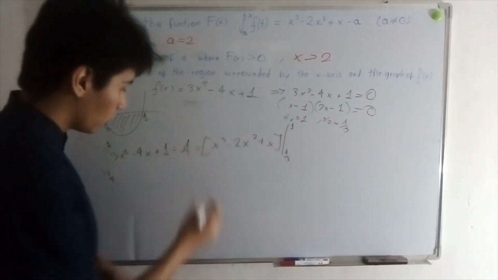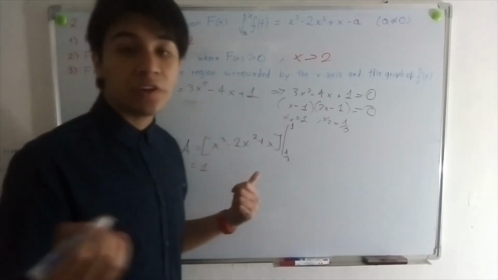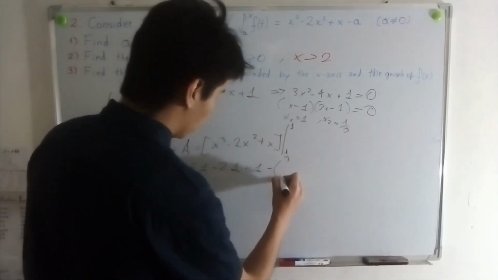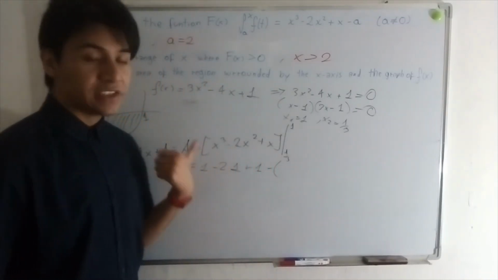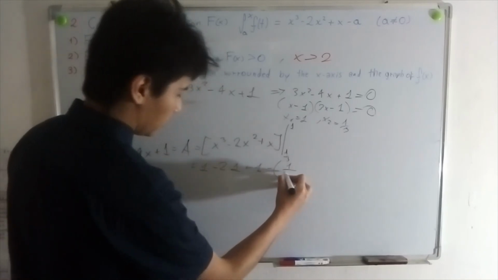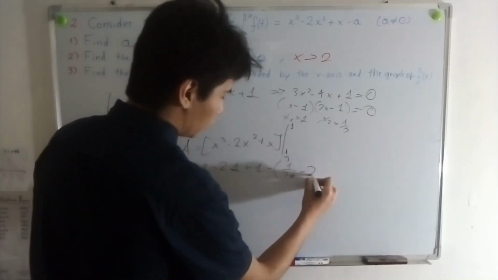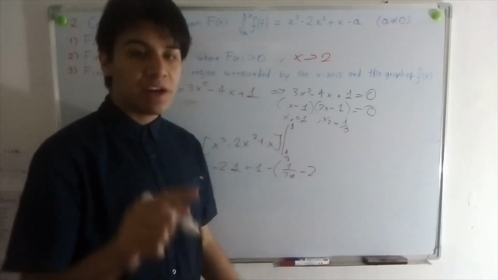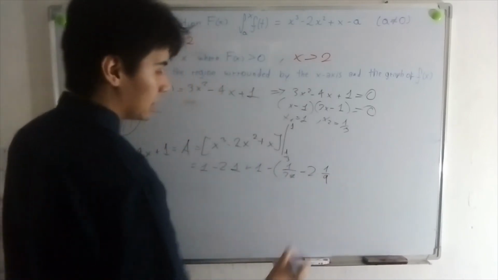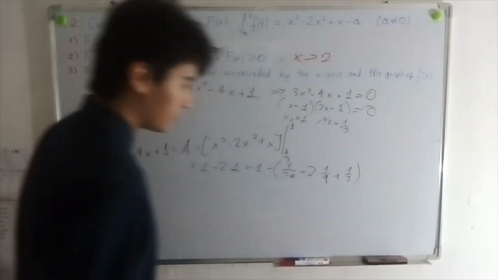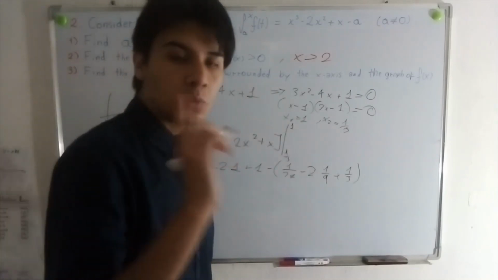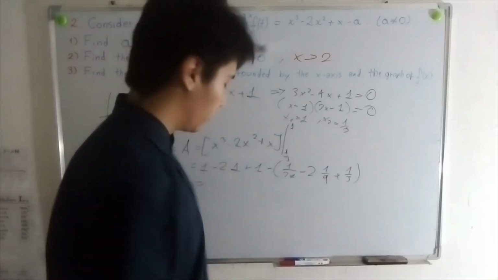At 1, that is 1 cubed, 1, minus 2 times 1 squared, 1, plus 1, minus, at 1 divided by 3, cubed is 1 divided by 27, minus 2 times x squared, and 1 divided by 3 squared is 1 divided by 9, plus 1 divided by 3. Minus 2 plus 1 plus 1 is 0.